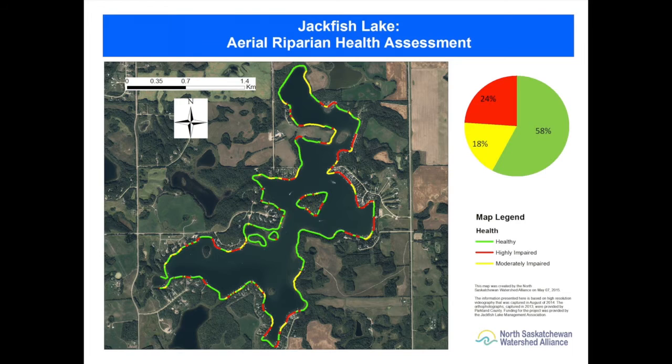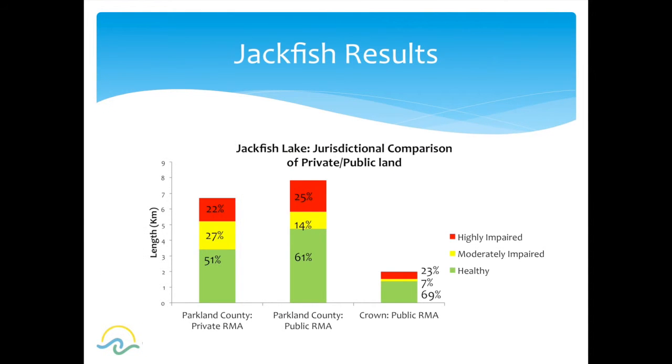We also did this exercise on Jackfish Lake and Mayatan Lake, and here are the results. This one's Jackfish Lake. Again, we were interested in the idea of encroachment. This is private property.